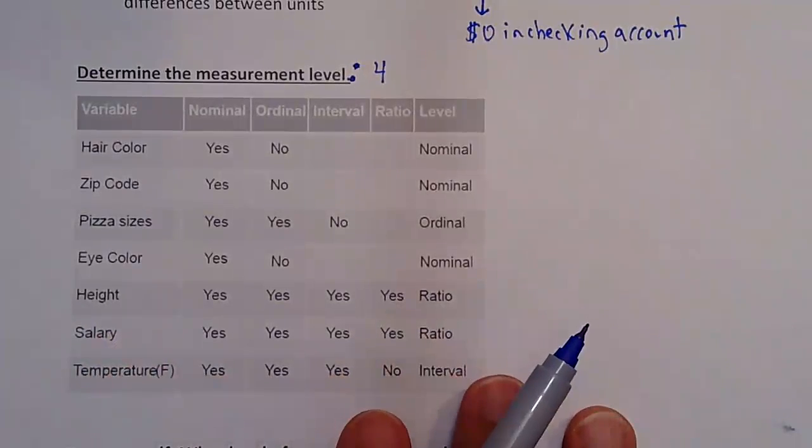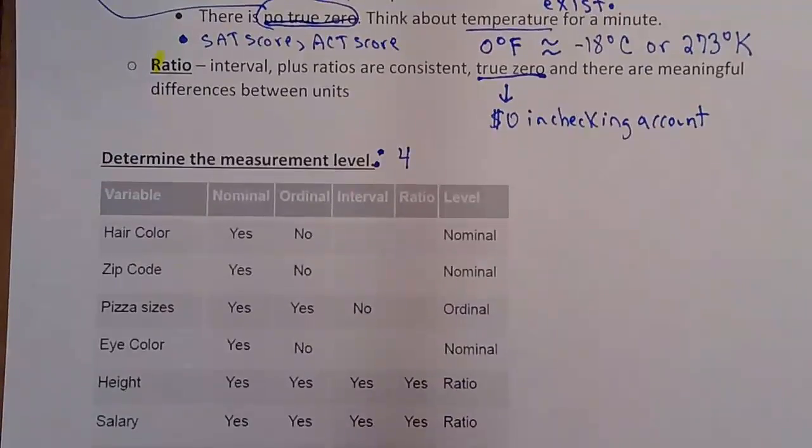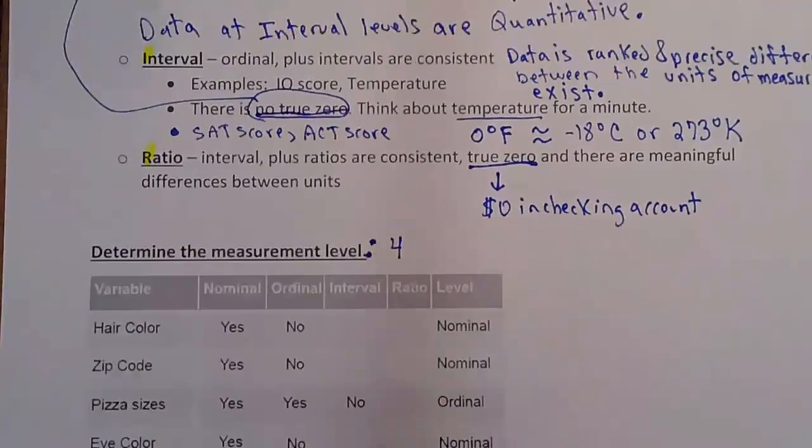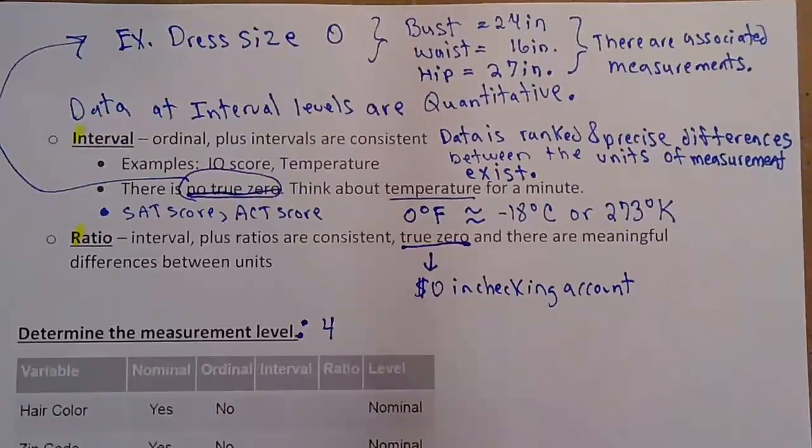And so I have here interval plus ratios are consistent. You have true zeros, and there are meaningful differences between the units. Okay.